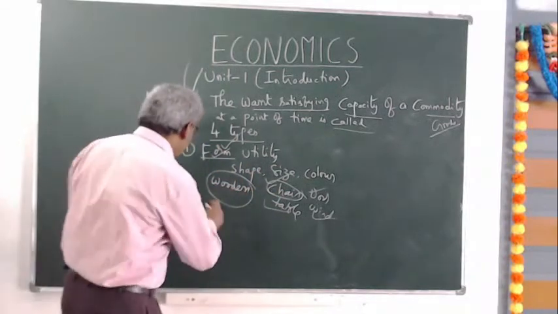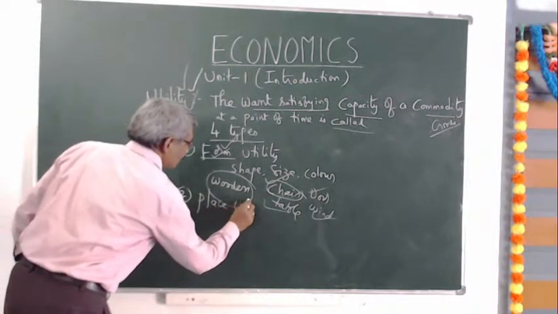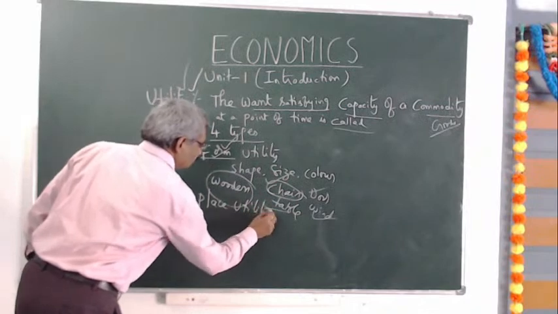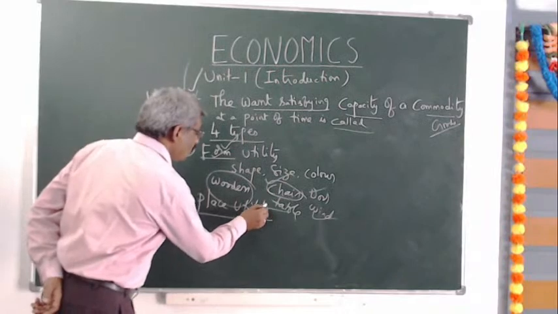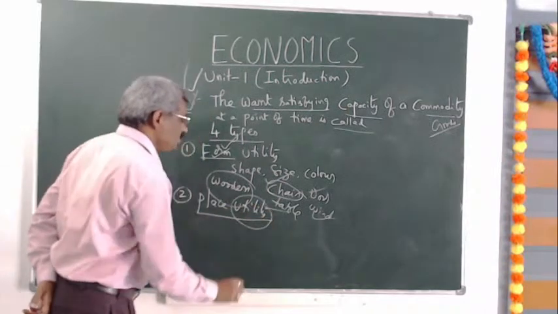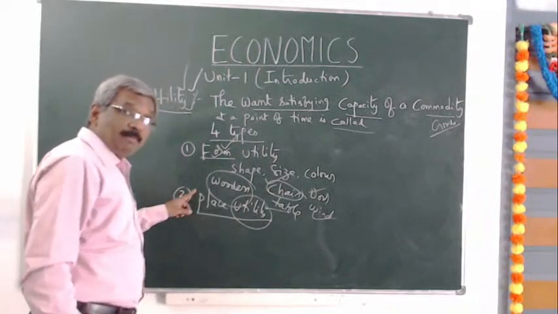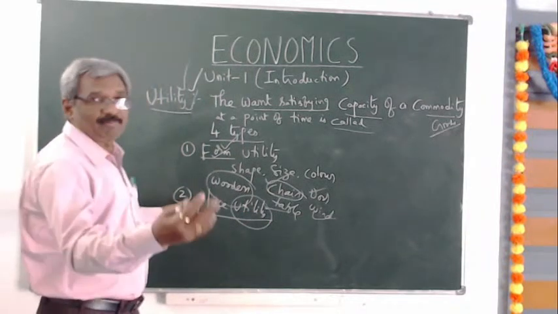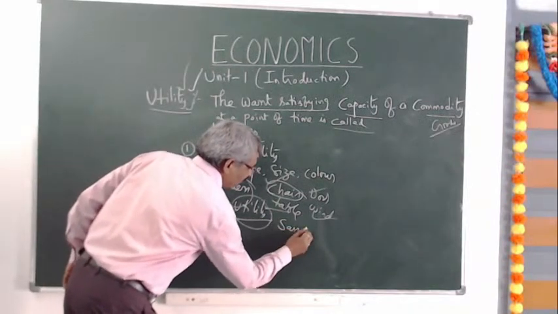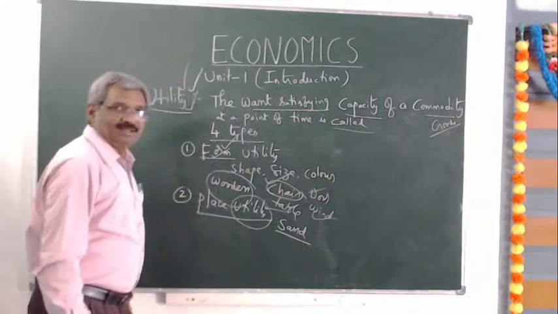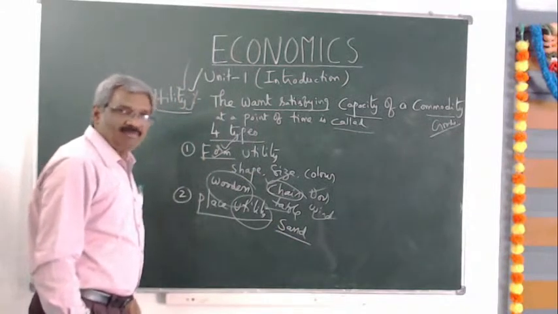And the second one, place utility. A commodity's capacity of satisfaction may differ from one place to another. For example, sand is available in large quantity in a river.